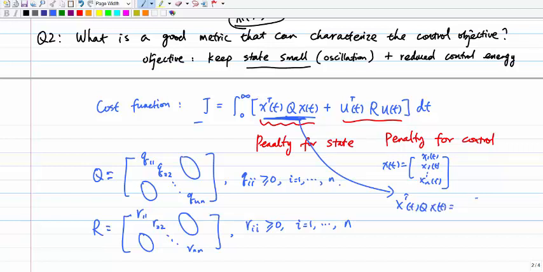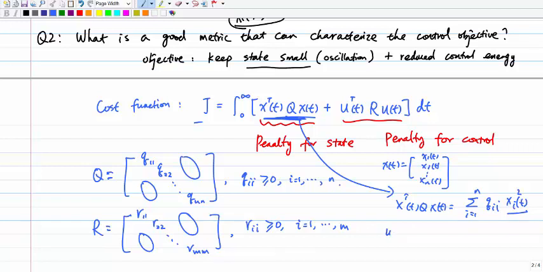This is just given by the summation over i from 1 to n of qii times xi(t) squared. So this is a summation of the square of each state times qii. That's what happens in the first term. Similarly for the second one, let's change to a different letter: this is m.